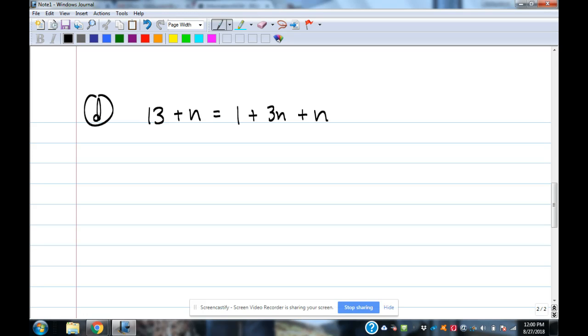Now, when I see a problem like this that looks really long, I always try to make it a little easier and simplify it a little bit. Is there a way to simplify one of those sides? Okay. I can put the n's together. On this side right here, there's 2 places where there's n's, and we can put those together, and it would make how much? 4n. That's what I would do. That would be my first step.